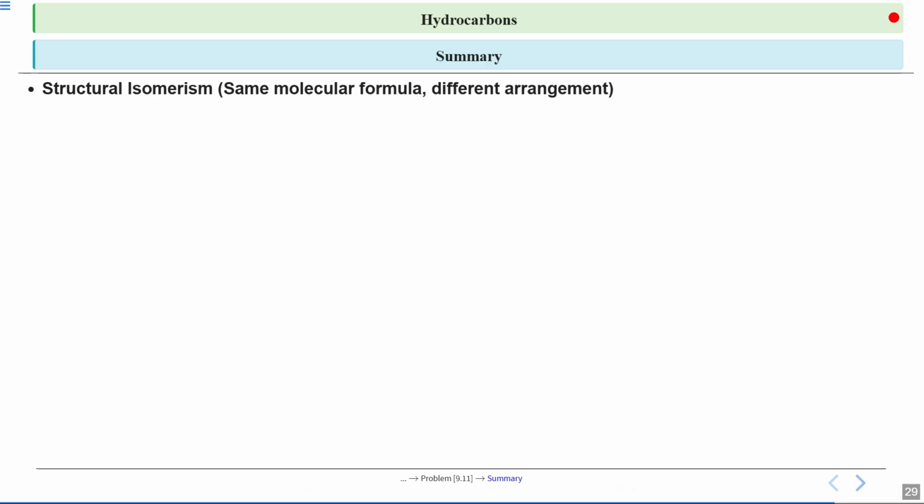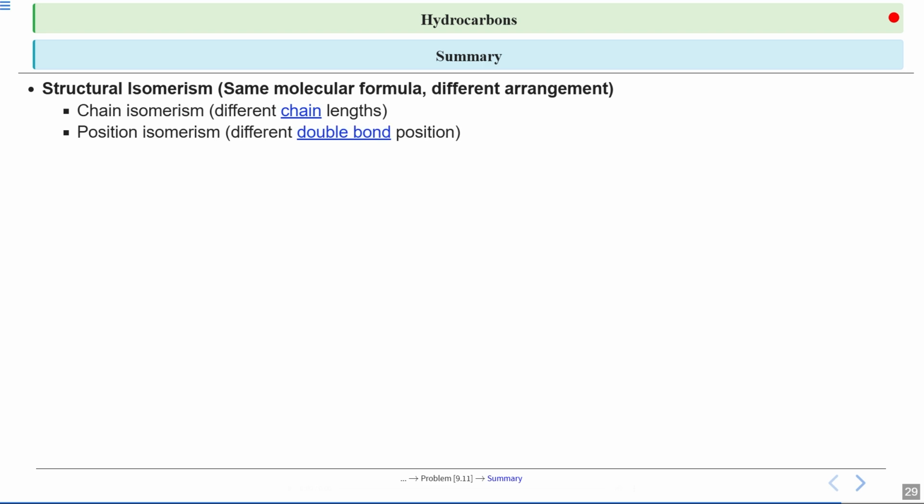Now let us have a quick summary of the topics that we have learned in this class so far. First is structural isomerism, which has the same molecular formula but a different structural arrangement of atoms. Here in the first case, the chain length can vary. This is because the backbone of the carbon chain is changing.